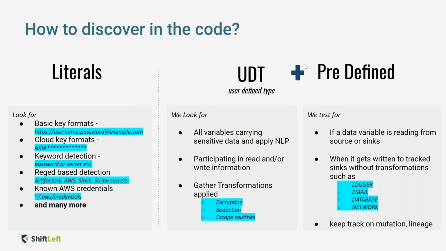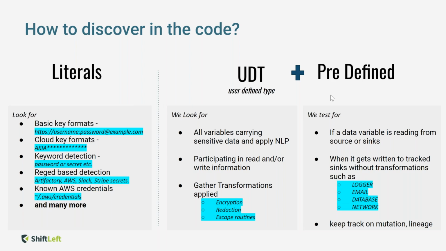The other is the user-defined types and then predefined types. And that gets trickier, wherein how do I determine if something is sensitive data or not? But what we do at Shift Left is we have a natural language processing engine, which first helps identify where you might be storing and using the sensitive data. But that in itself is not enough.